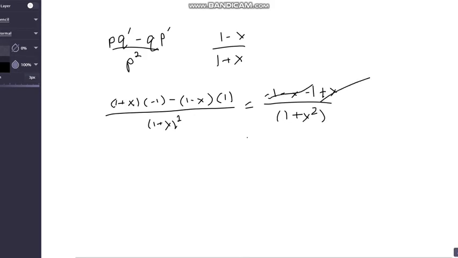And then we cancel the x, we get negative 2 over 1 plus x squared. And that's the quotient rule.